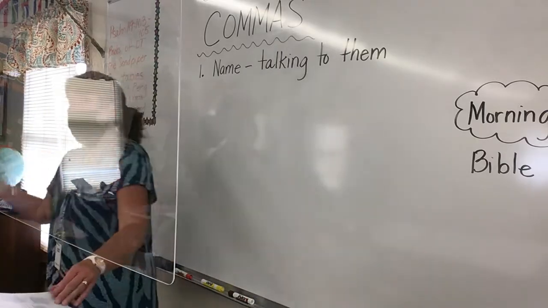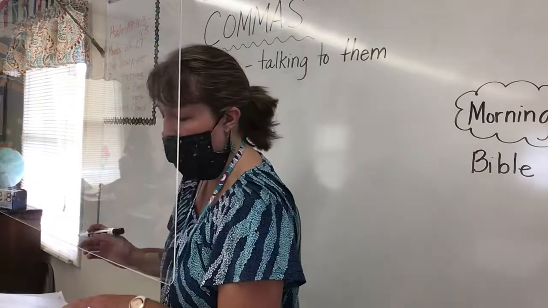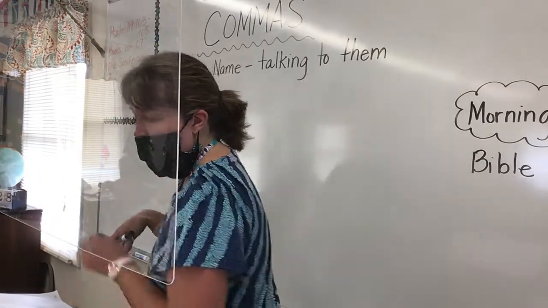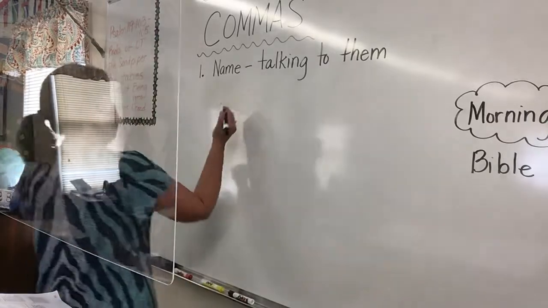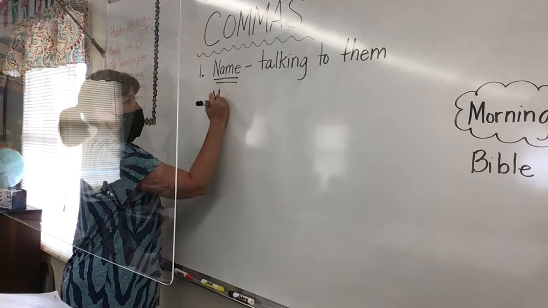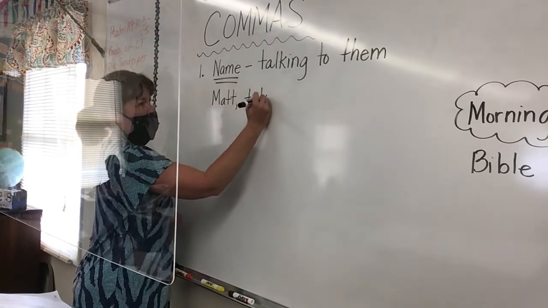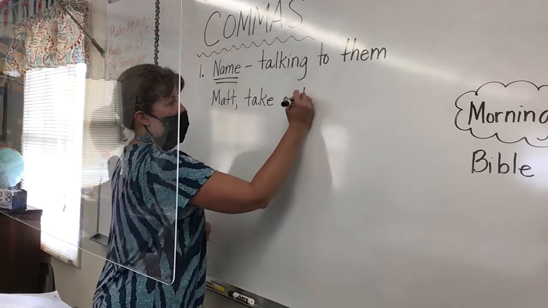Jacob, are you giving me another one? Okay, I'm not ready yet. So let's say, and you can write some examples if you want, like, Matt, take out the trash.